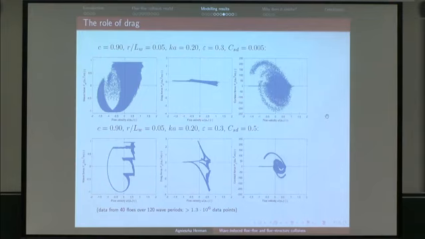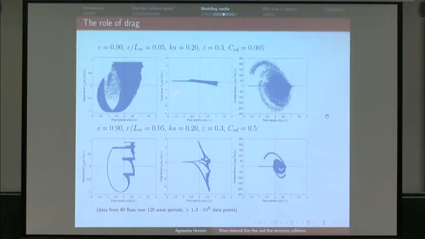We have flow velocity on the horizontal axis, and on the vertical axis there is the wave force, the drag force, and the contact force. And these are just over 1 million points from different ice floes and different times over 120 wave periods.